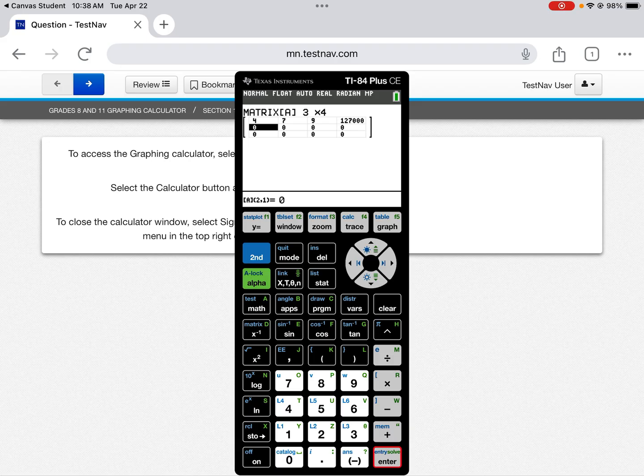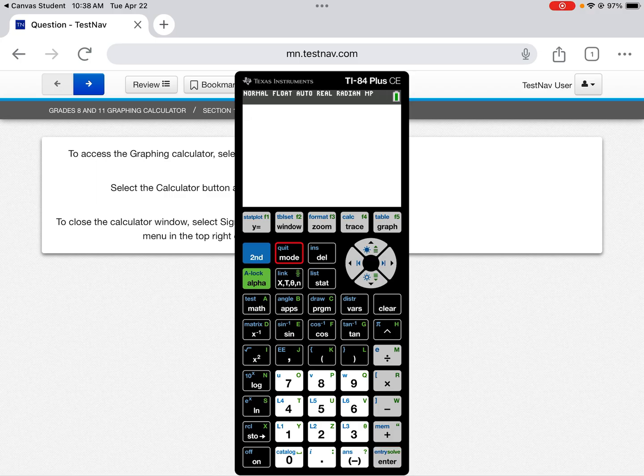The other one is going to be 1, 0, negative 1, 4,500. And the last one is going to be negative 1, 1, 1, 5,500.